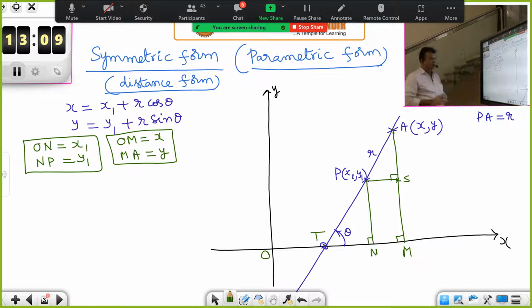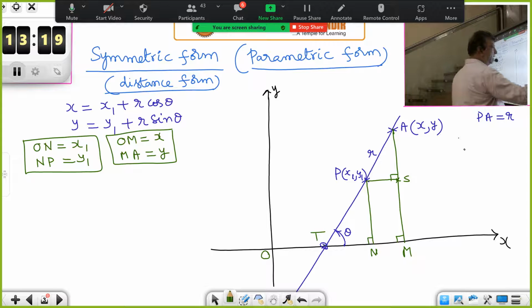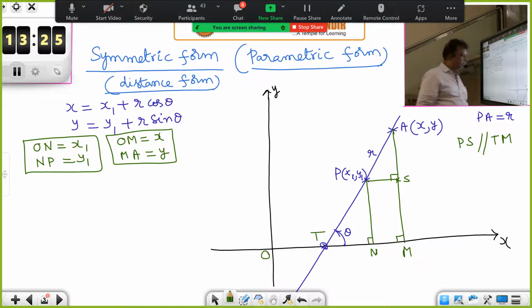Right. Now, do you agree that PS and TM are parallel? PS parallel to TM. Yes, sir. TM is nothing but the x-axis. PS and TM are parallel.